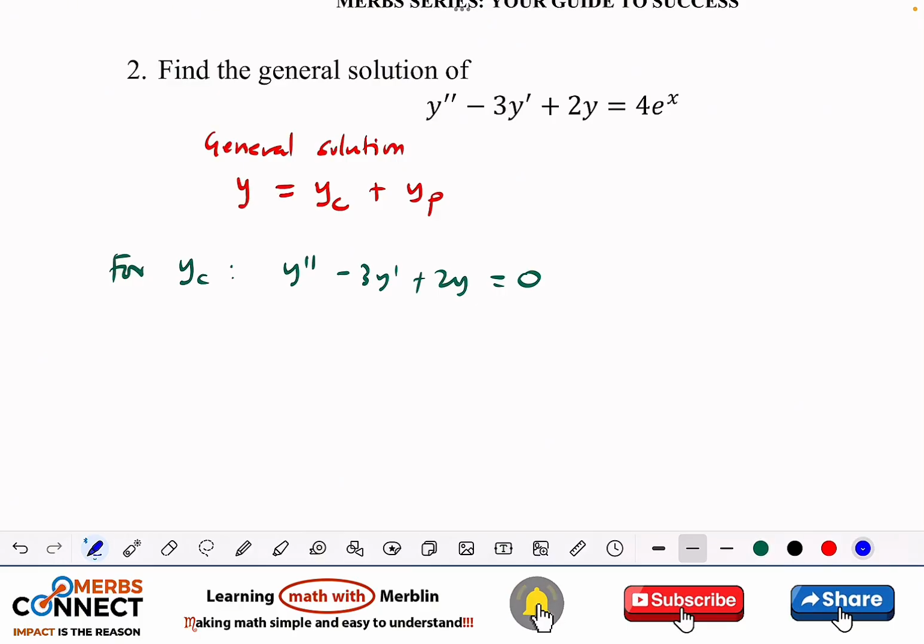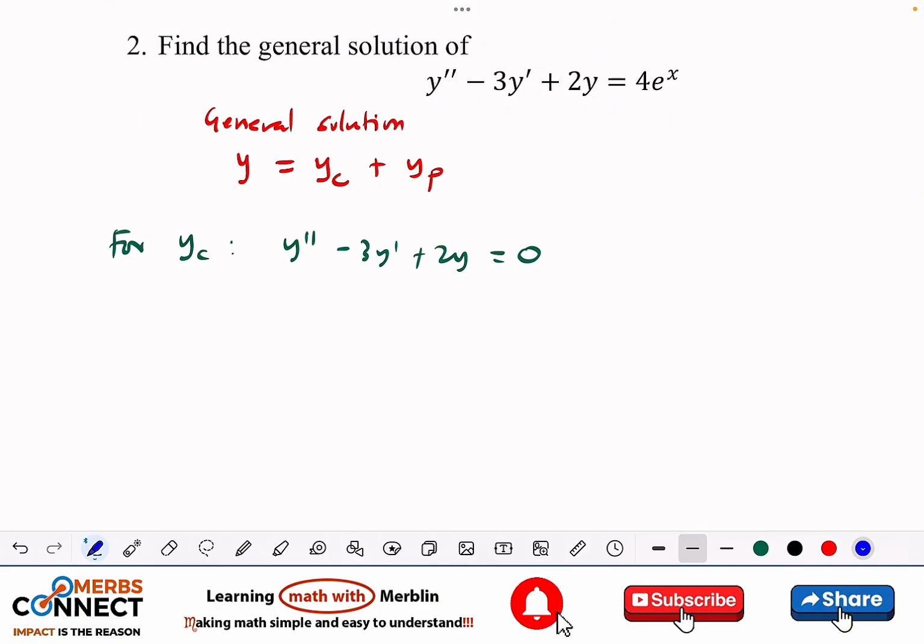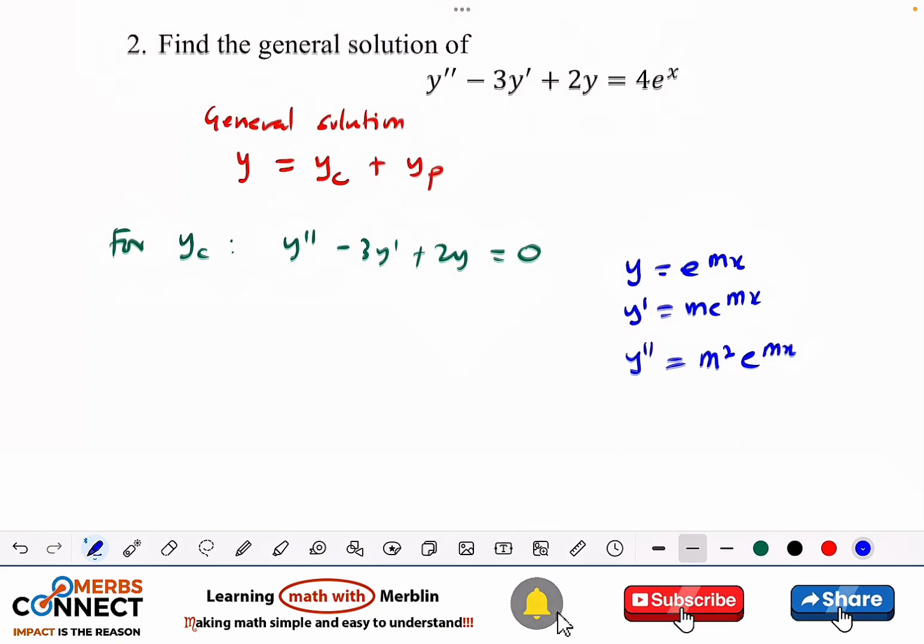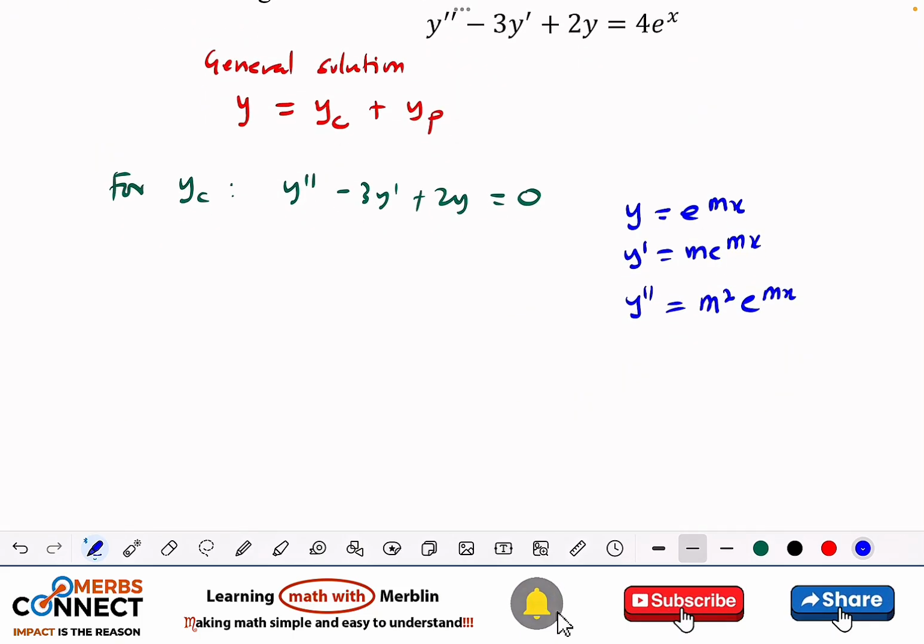Then if this is the case, we go through the process. So y is equal to e to the power mx. When you solve more, you will write this one without even knowing how it came, right? We are basically differentiating it, and we get this. Let's do substitution.